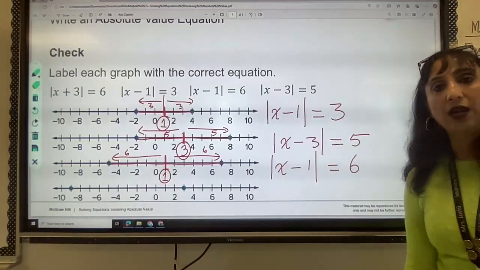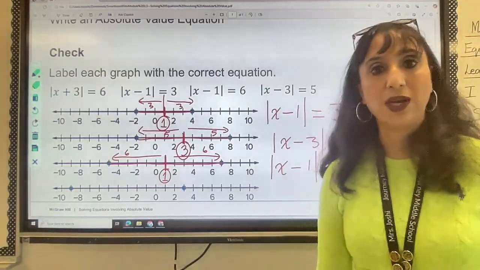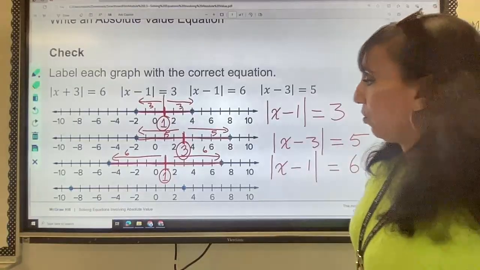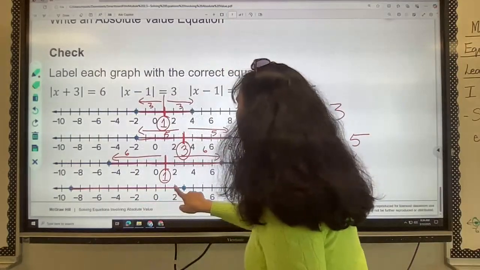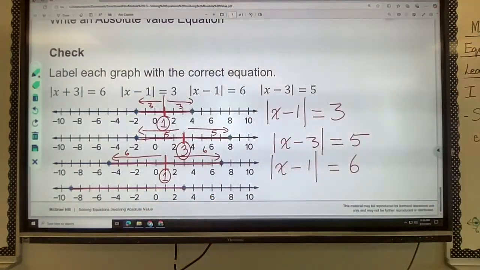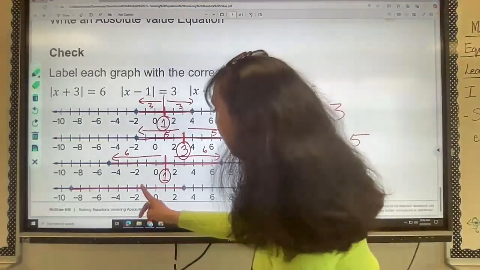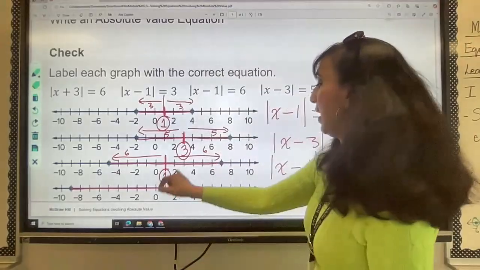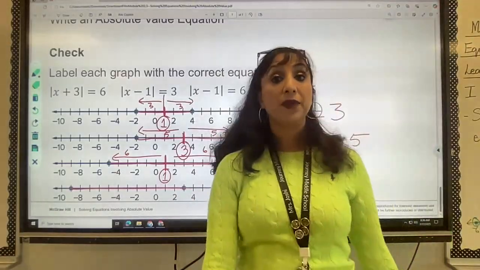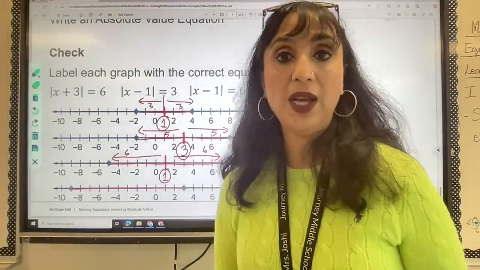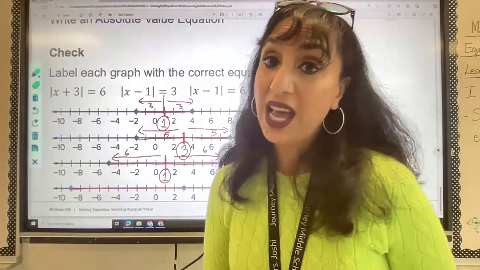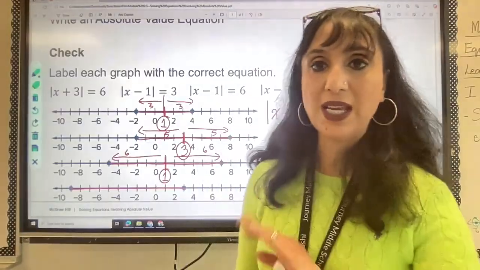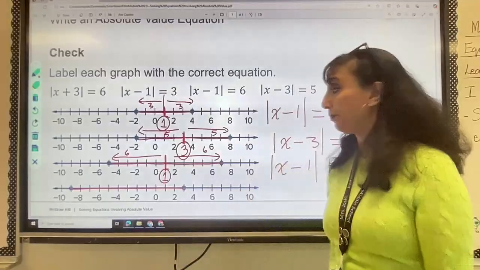All right, now let's look at the last one. And the last one is going from -9 to 3. So we have once again absolute value of -9 plus absolute value of 3. So what is 9 plus 3? I get 12. So what is half of 12? Is 6. So it'll be 6 on the other side, 6 on this side.